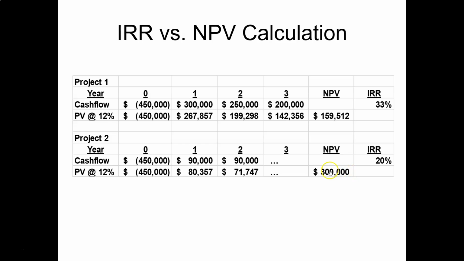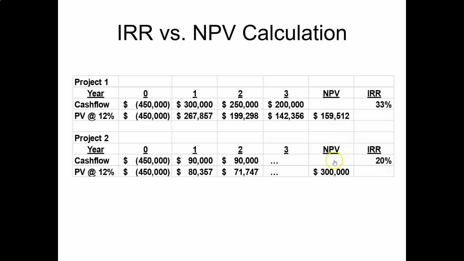If you verify, the net present value of this project will be $300,000. If we make experiments with this interest rate, we can calculate that the internal rate of return of this investment project will be 20%.